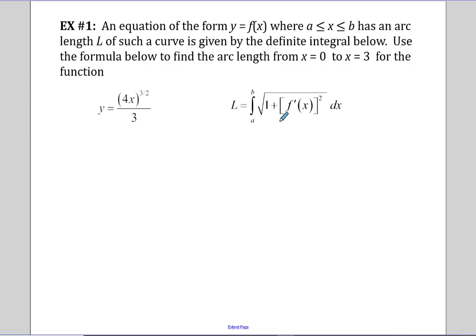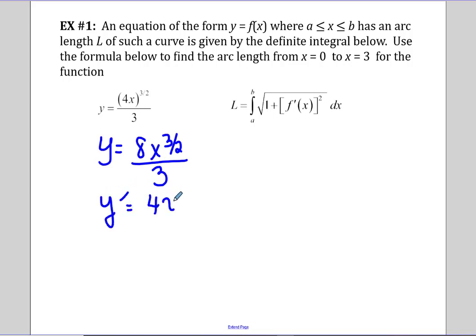We want to use that formula to find the arc length from 0 to 3, given our function 4x to the 3/2 power divided by 3. So if we simplify this, we can get 8x to the 3/2 over 3. And the derivative is 4x to the 1/2 power.